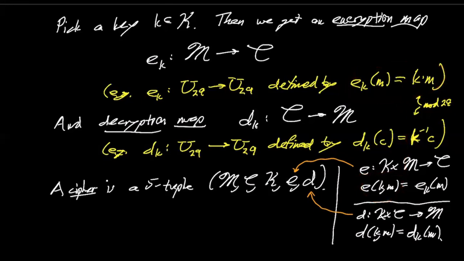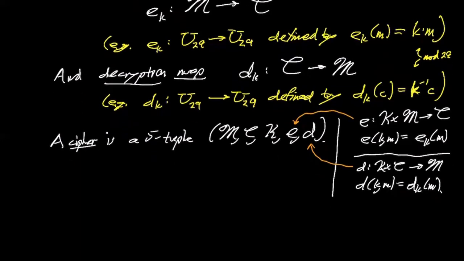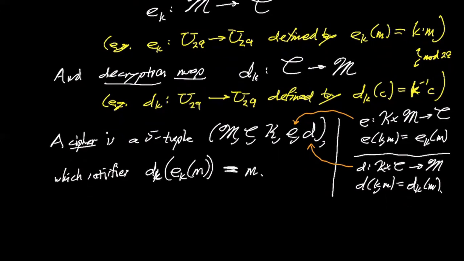Okay, a couple things to notice in general. This has to satisfy the following: if you take a plaintext message and encrypt it and then decrypt it, after having fixed a key, you should get back where you started. Otherwise, it's not a very good cipher; Bob's not going to be able to decrypt and get back the same message.